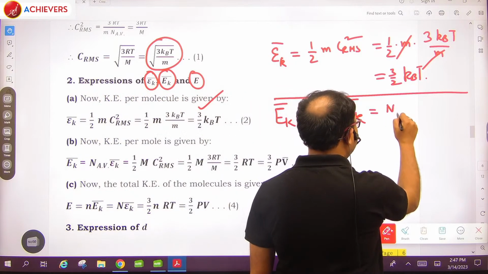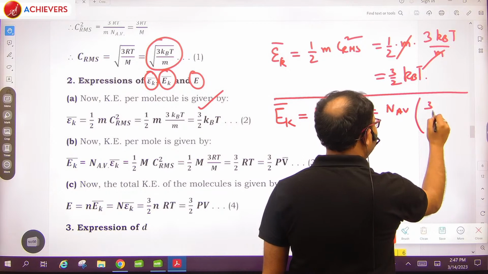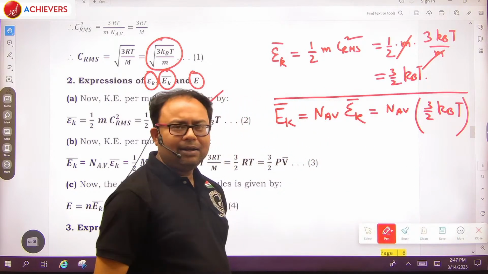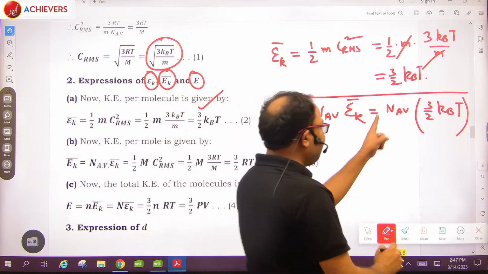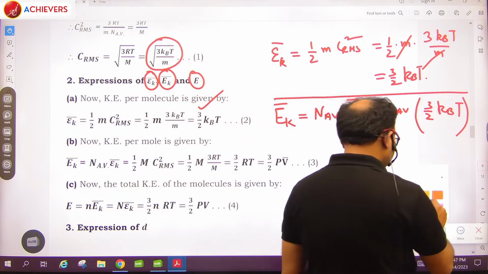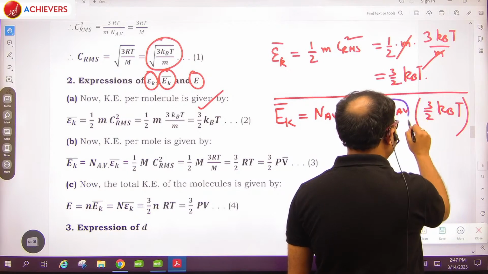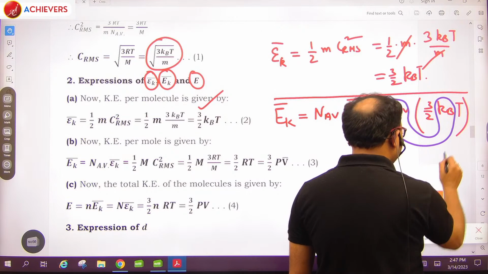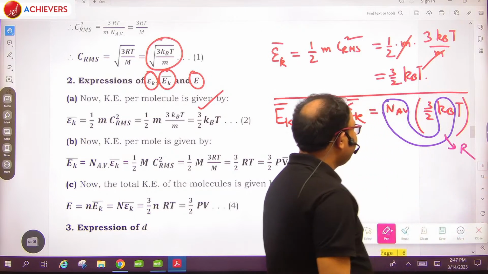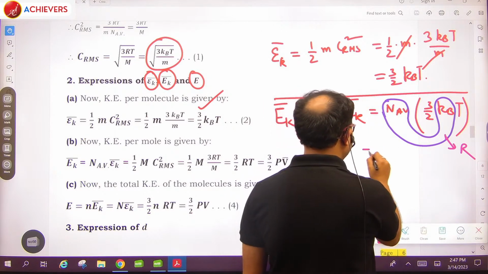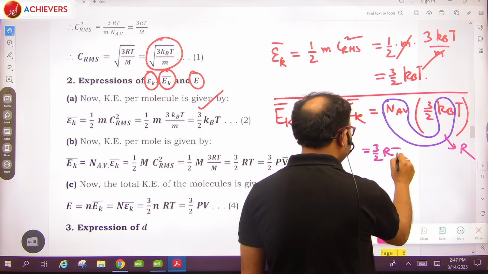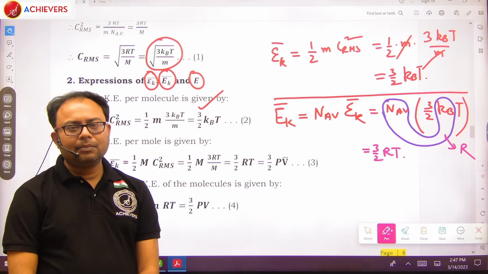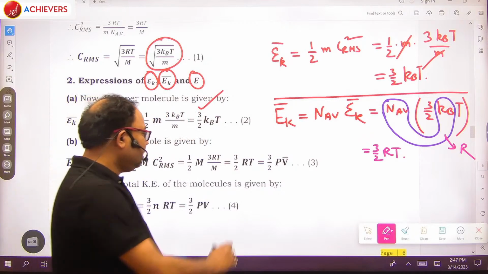And we all know that if we multiply this Avogadro number by kB, it will become R. So this becomes 3 by 2 RT.